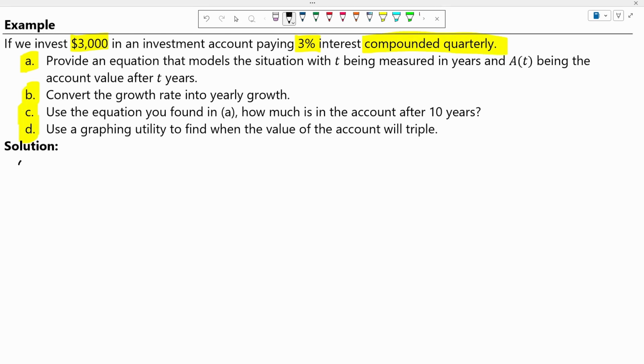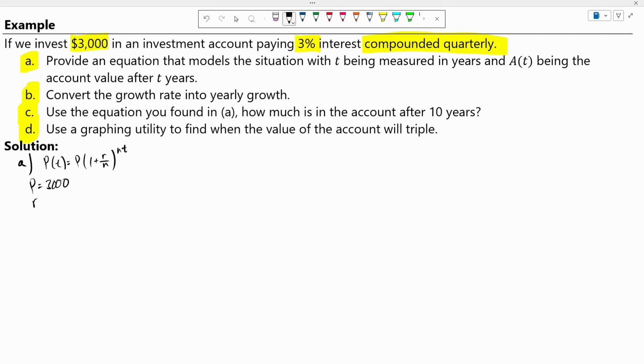Let's start with A. For A, provide an equation. We know that it's going to be P of T equals P times 1 plus R over N to the NT. I'm just copying stuff down. We need P. Thankfully, that's already given. That's 3,000.